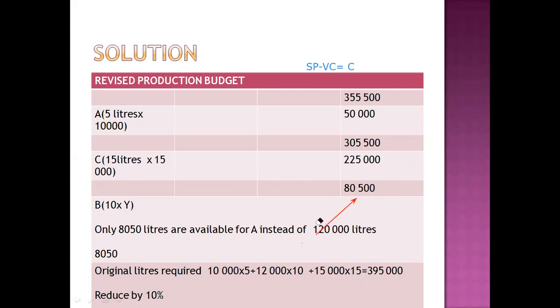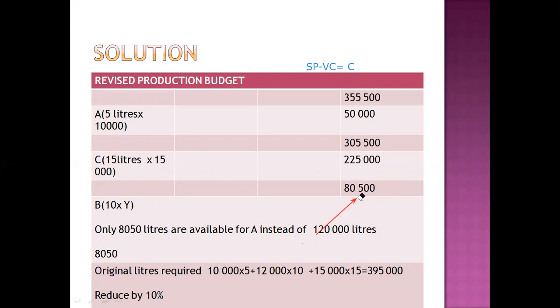Our B requires 120,000 liters, but the available liters that have been left after providing for A and C is 80,000 units. This means it's not sufficient now. We are left with less than the required original budget for B.